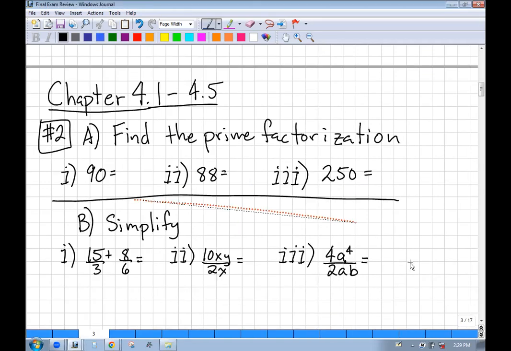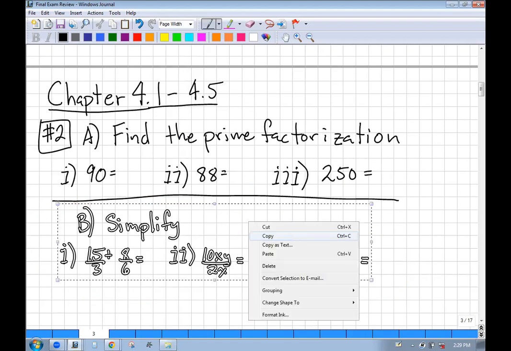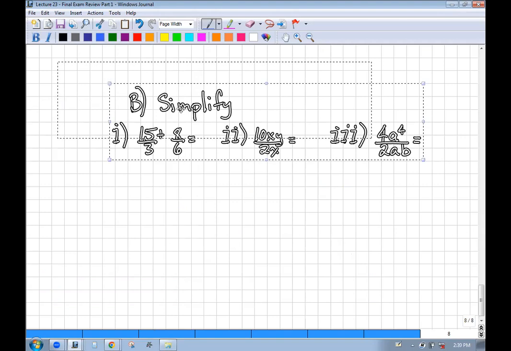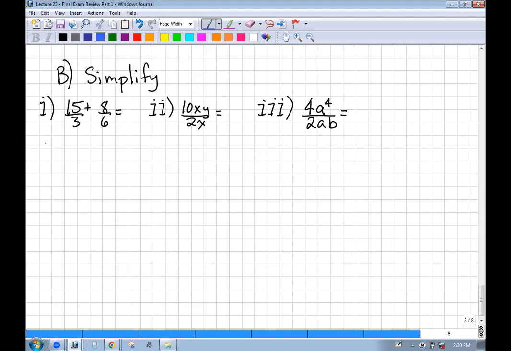Here's more simplifying. Part B here. All right, over here we need a common denominator. So I would multiply this first thing by a 2 over a 2. That gives me 36 and 8/6.